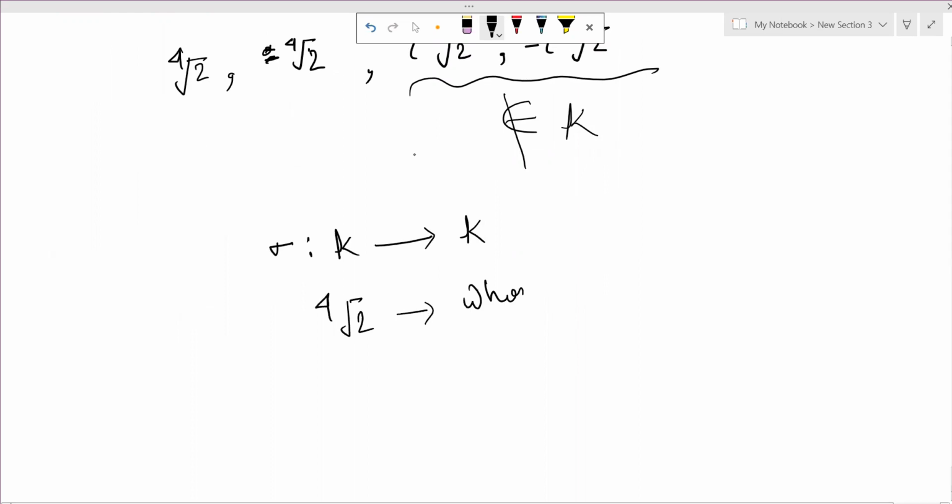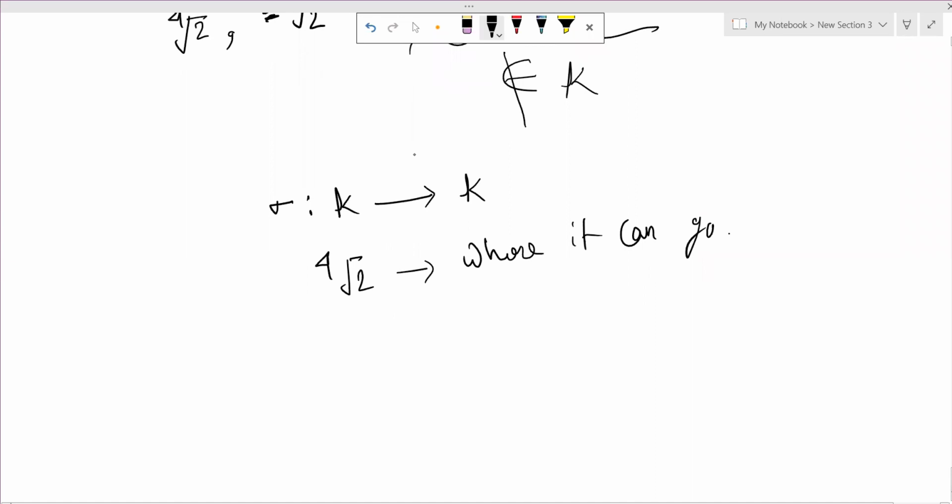This is my question to you. To real numbers only, no? Since the codomain is the real numbers, it will go to a real number, but where should it go? Okay, so to two.